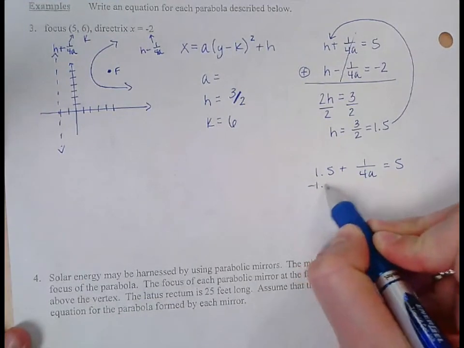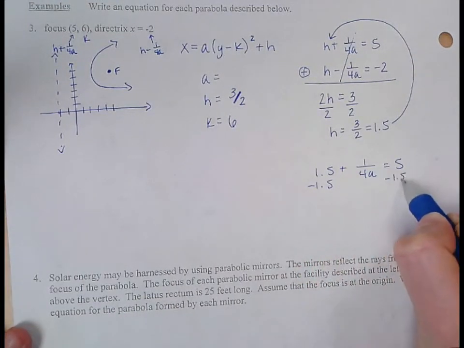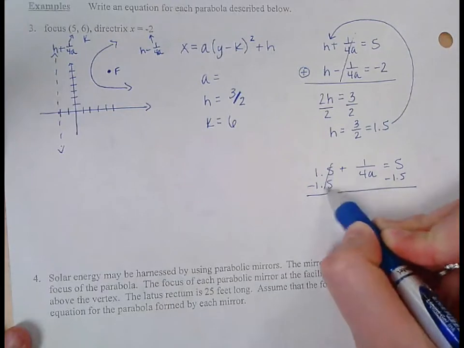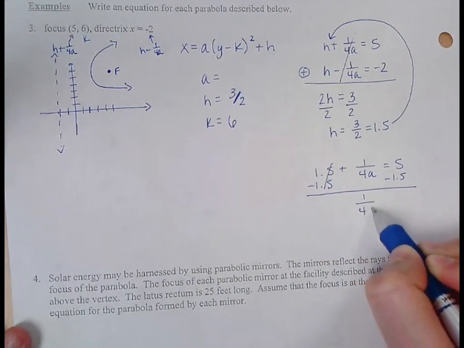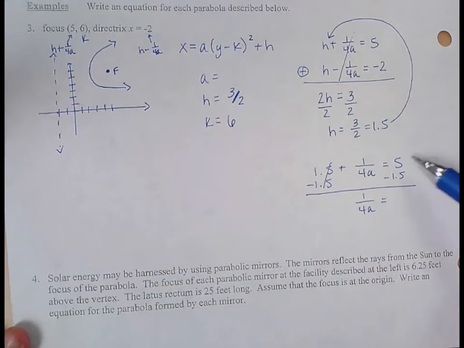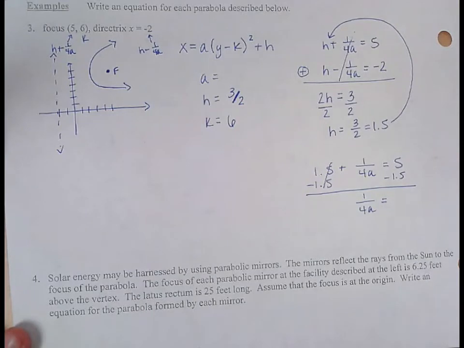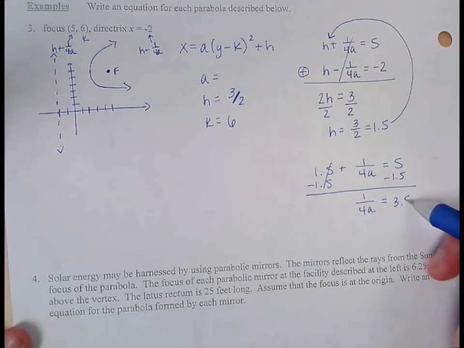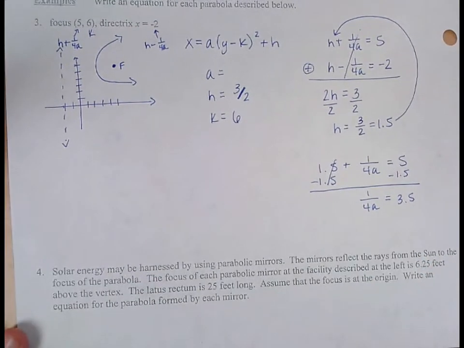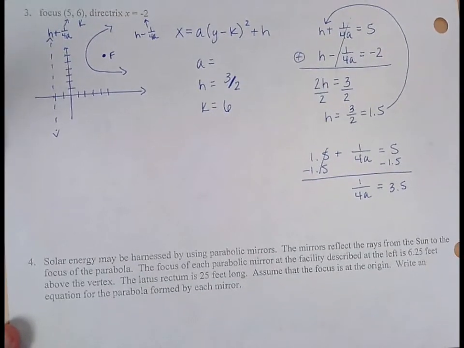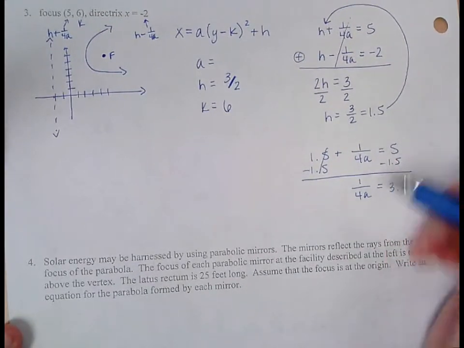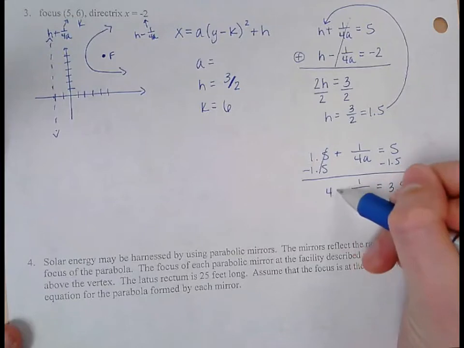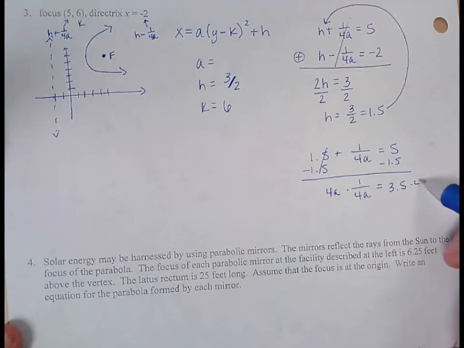So I would subtract 1.5 from each side. 1 over 4a is equal to 5 minus 1.5, which is 3.5. And then I would multiply each side by 4a to get a out of the denominator.